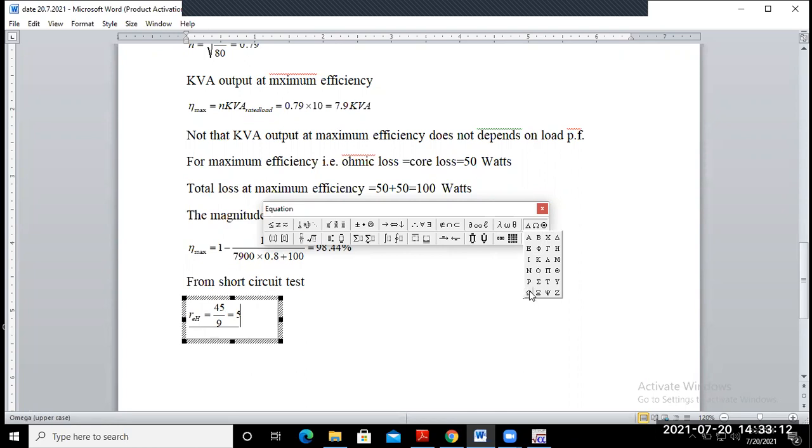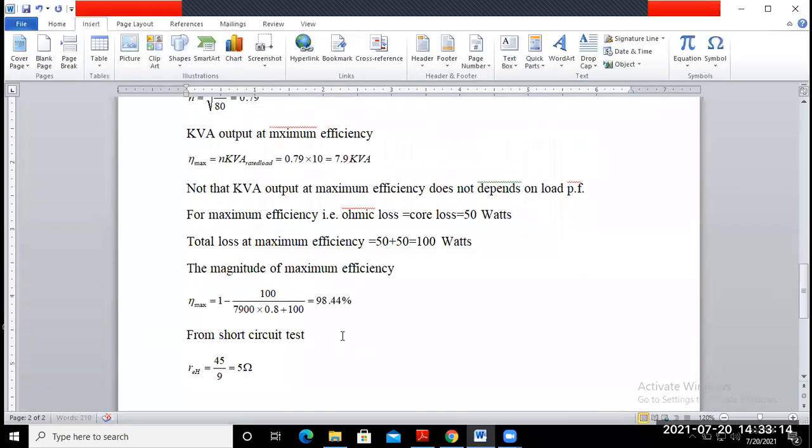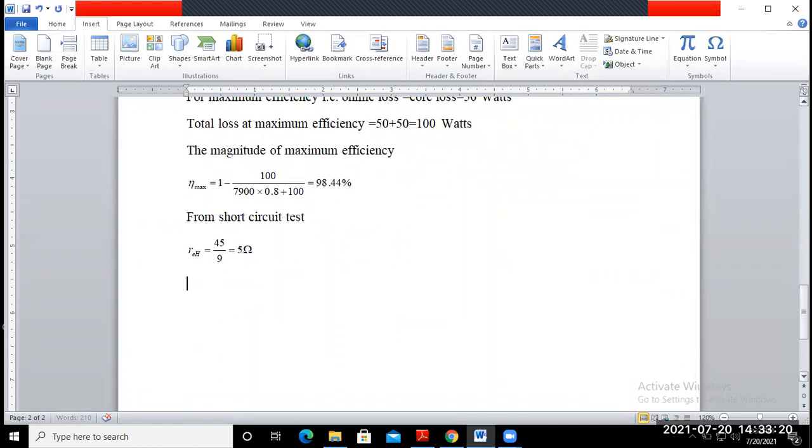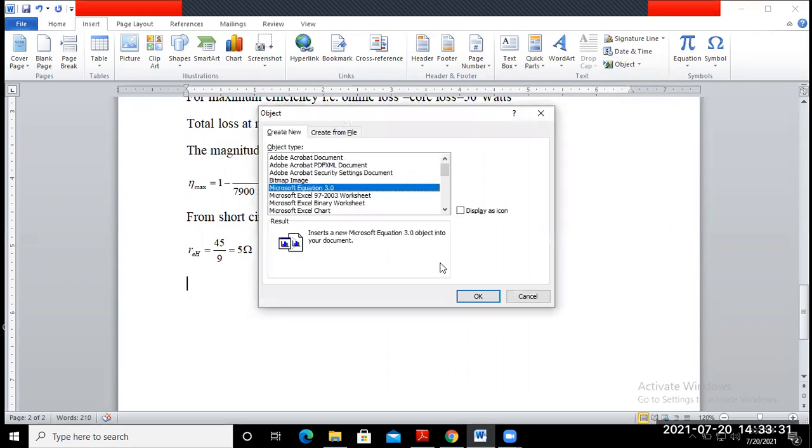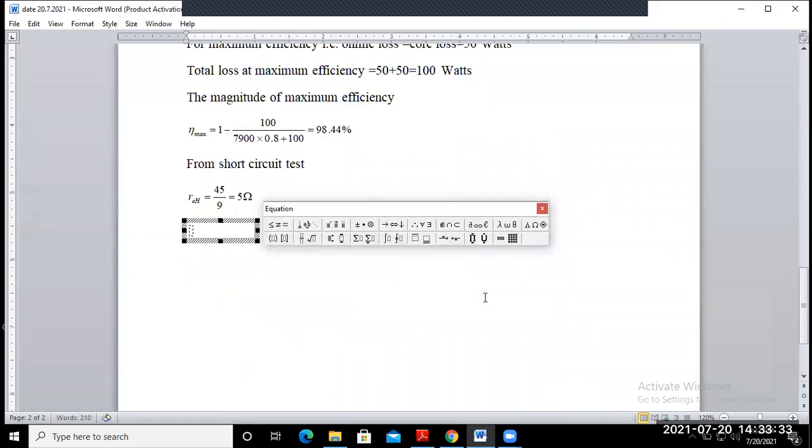Similarly, you can find the equivalent leakage reactance along the high voltage side, that means XEH. XEH equals voltage divided by current.